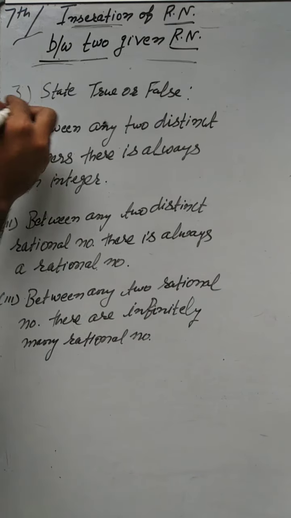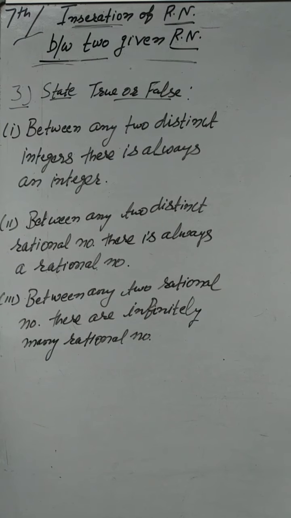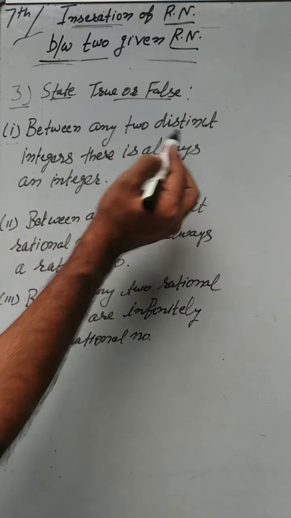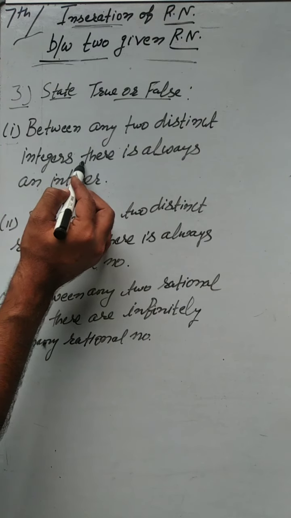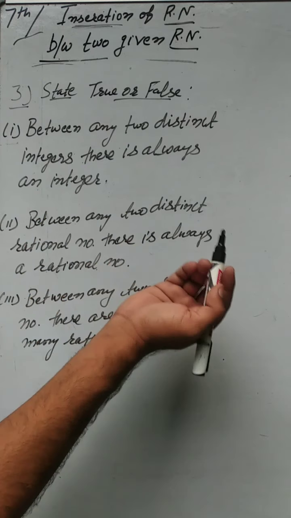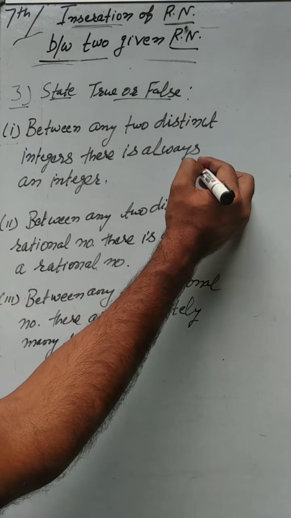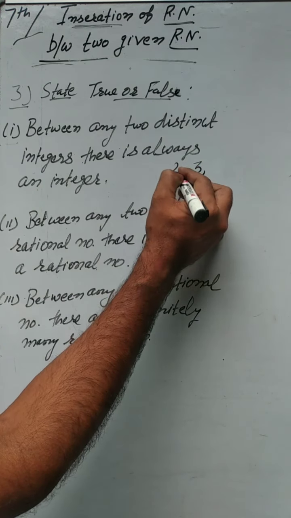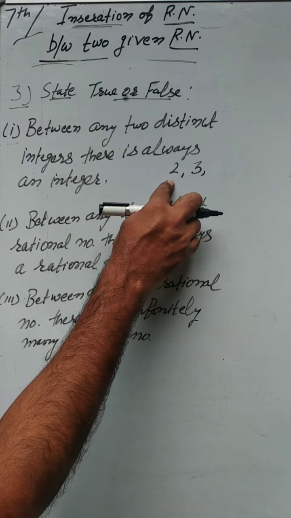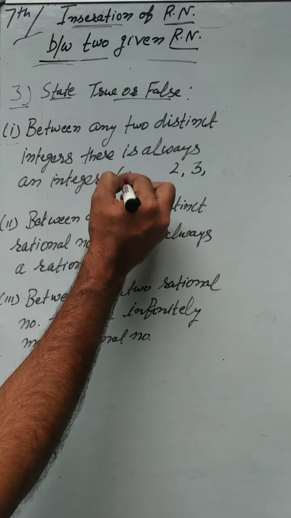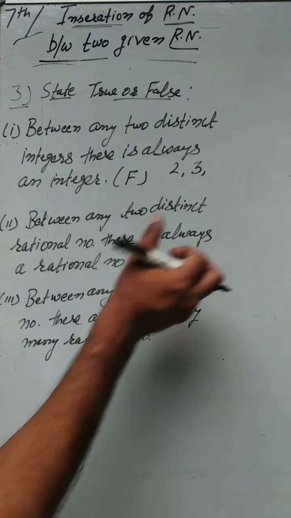Yes beta, the third question is: state true or false, whatever the terms I have explained, you can easily judge. First: between any two distinct integers there is always an integer. No, that is not true, because I have explained that if integers are consecutive, like 2 and 3, there is no integer between two consecutive integers, so it is false. Clear beta?